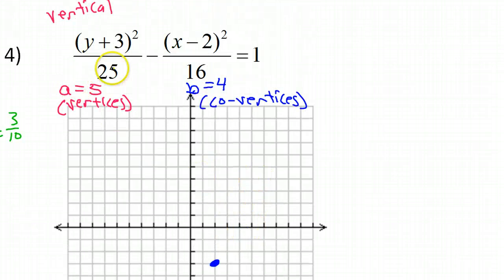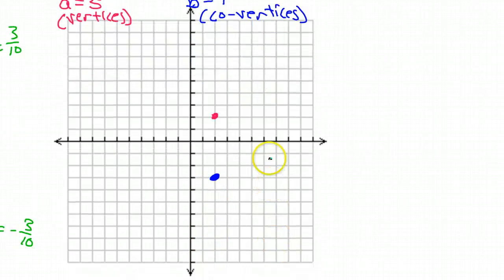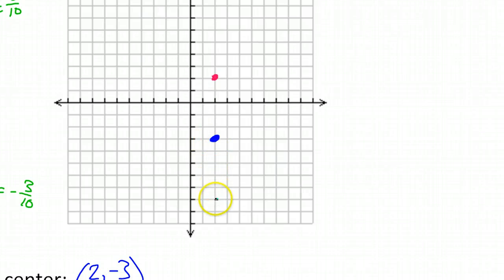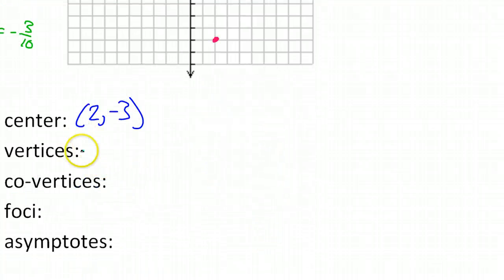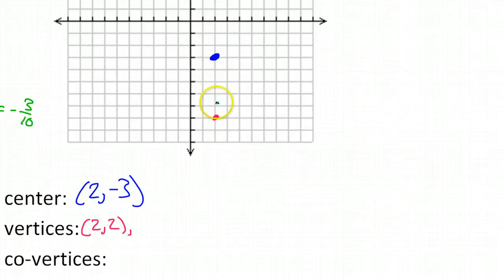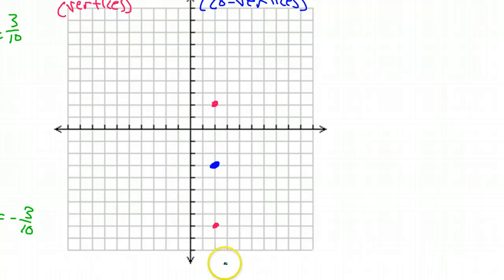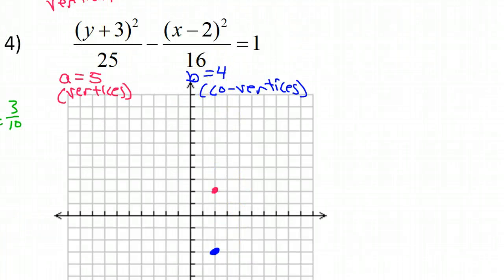So now let's do our vertices. We'll go 5 in the y direction, so 5 vertically from the center, so that's 3, 4, 5. There's a vertex. And there's 3, 4, 5. There's another vertex. So 2, comma 2, and 2, comma negative 8. The co-vertices will come from the 4.